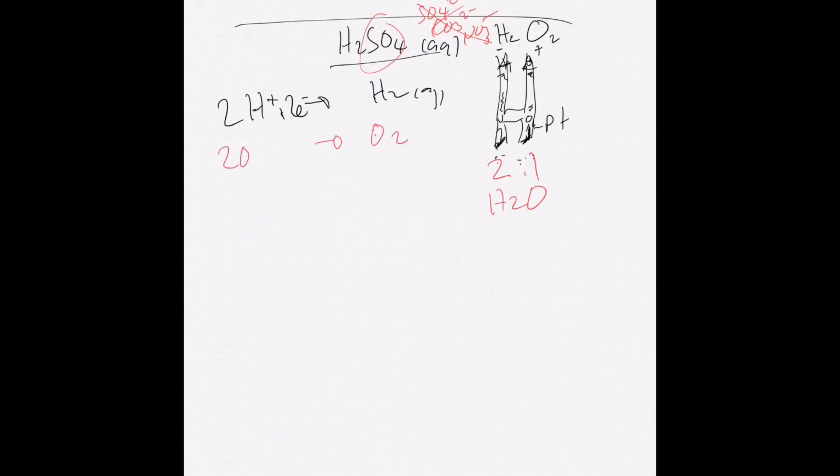And that's that funky one again, isn't it? 2O2-, and we need to add 4 electrons to that side. So the electrolysis of sulfuric acid will give you hydrogen and oxygen, and also proves the formula of water as being H2O.